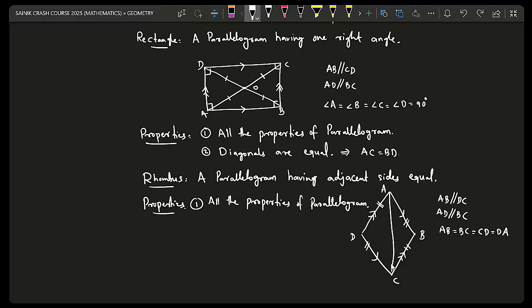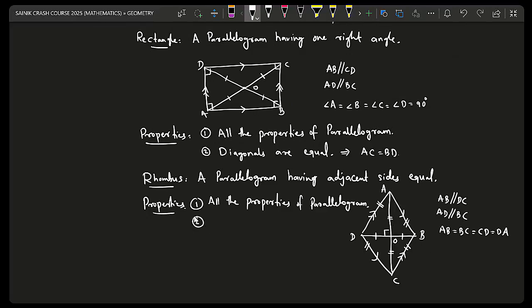You take AC as a diagonal, and you can take BD as a diagonal. They also bisect each other. That means if this point is O, DO will be equal to OB, and OC will be equal to AO. But moreover, you can see one extra property of a rhombus, that is the angle between the diagonals is going to be 90 degrees.